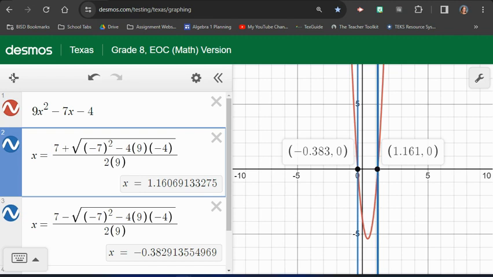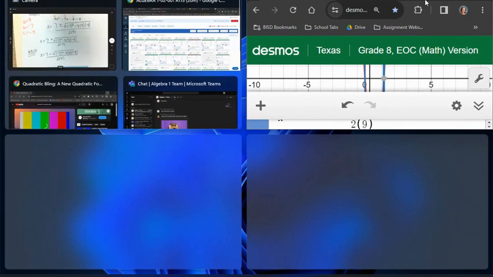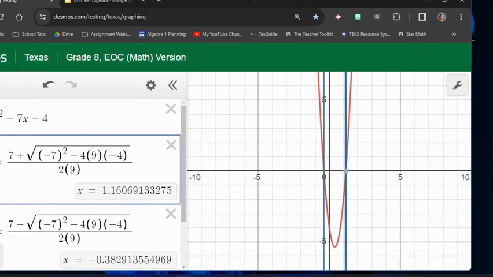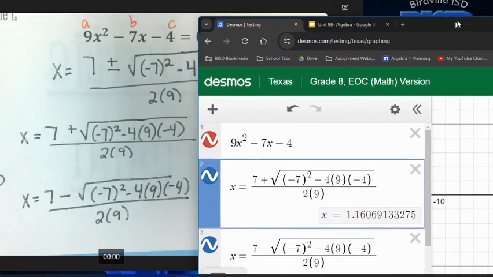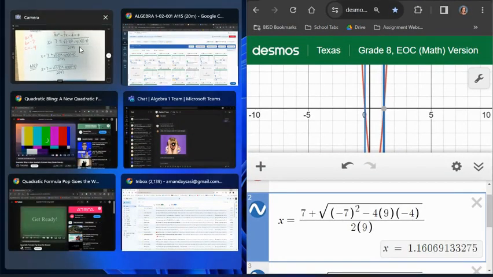So on our paper, on our notes, we're going to write each of those down. Oh, sorry. Let me make this go over here. No, I didn't really want to do that.